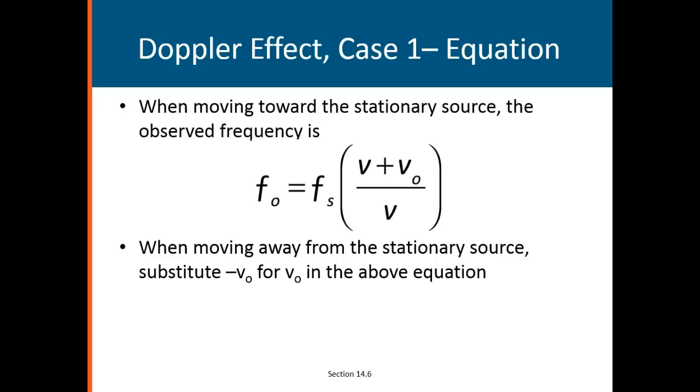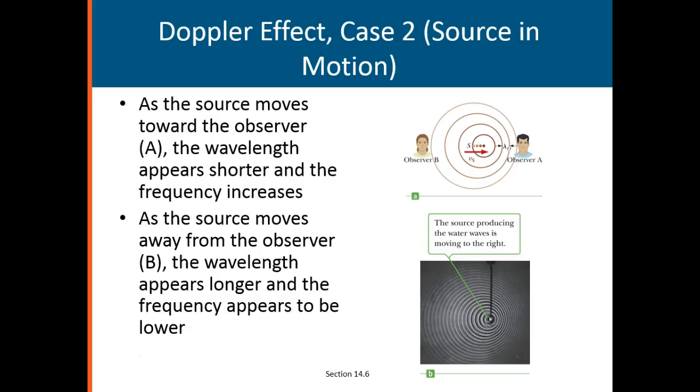Now, this time, we're going to have case 2 where the source is the thing moving, not the observer. As the source moves toward observer A, here's observer A here, the wavelength appears to be shorter and the frequency increases.